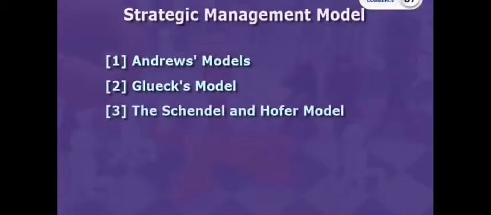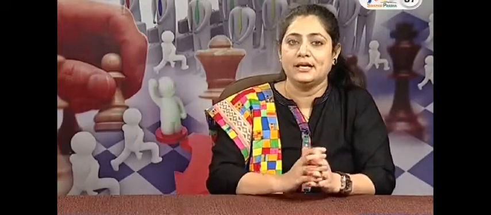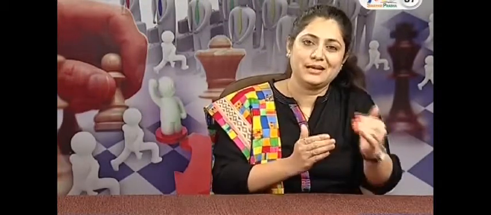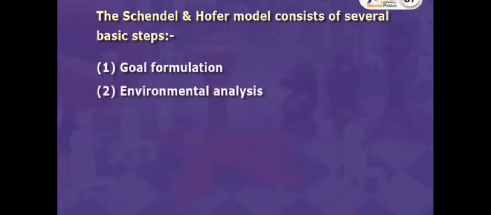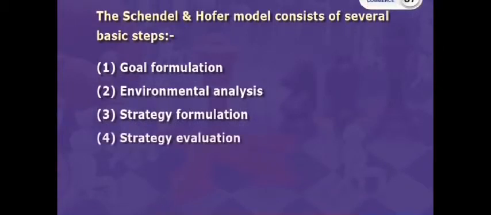Third, the Schendel and Hofer model. Dan Schendel and Charles Hofer developed a strategic management model incorporating both planning and control functions. Their model consists of several basic steps. First, goal formulation. Second, environmental analysis. Third, strategy formulation. Fourth, strategy evaluation.